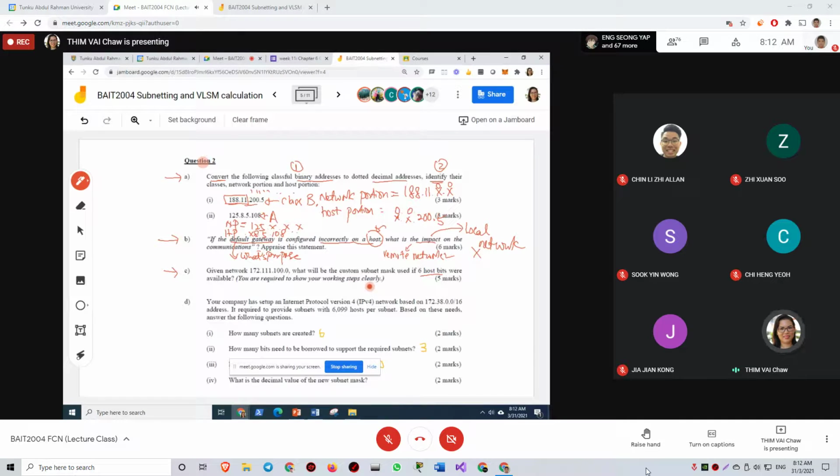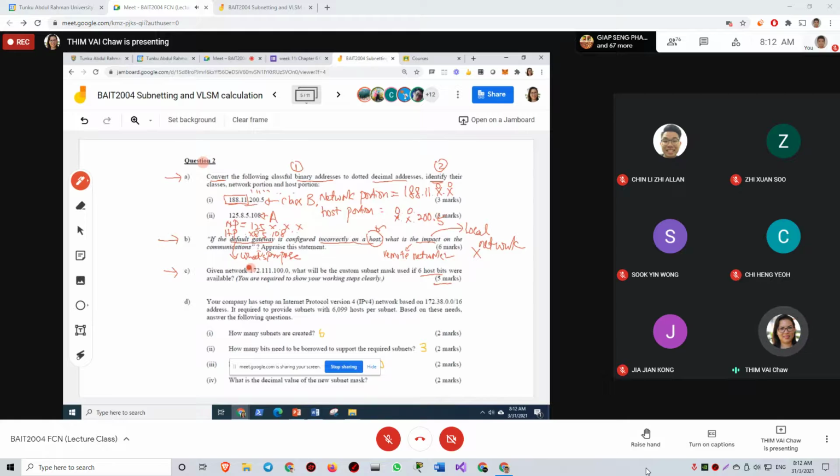So there is a different way. I told you previously last week, you have a different way of doing a calculation. So you need to write down your steps of calculating a subnet mask. Therefore here is 5 marks.